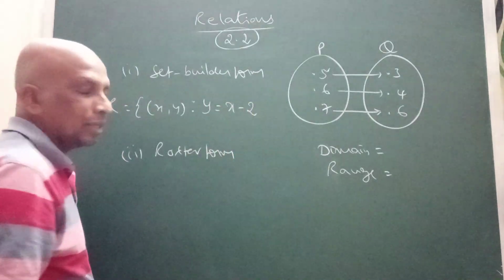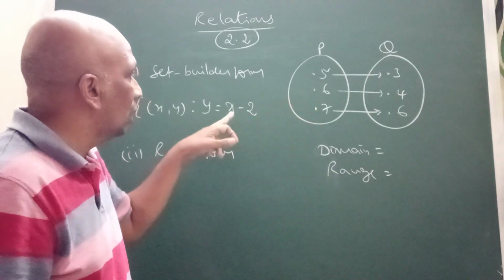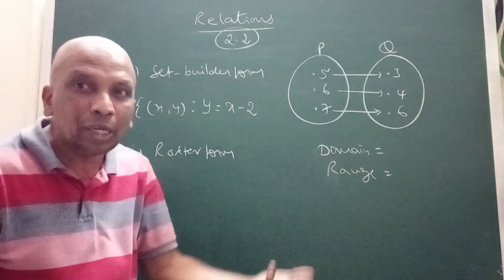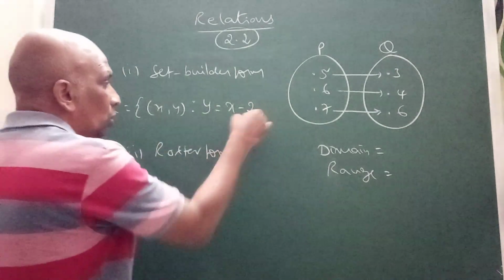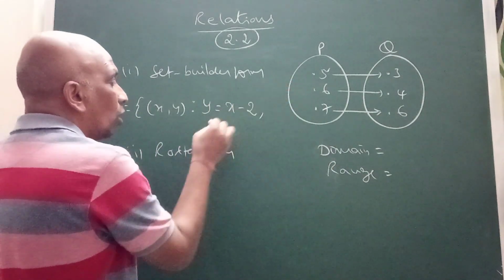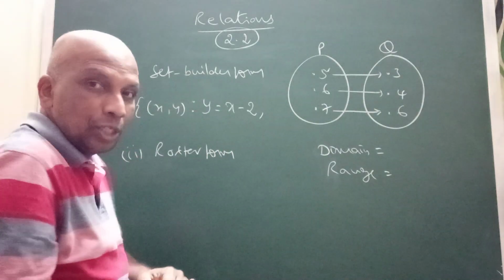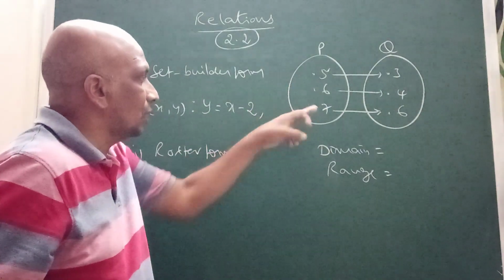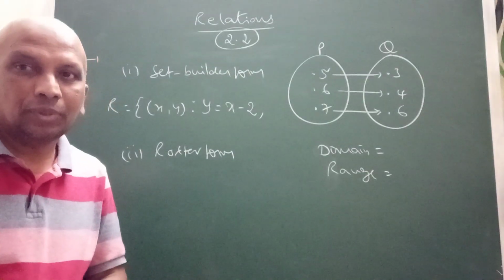Correct? I can take the elements where x and y belong to P and Q, right? So the rule here is y equal to x minus 2, where x is equal to 5, 6, 7.